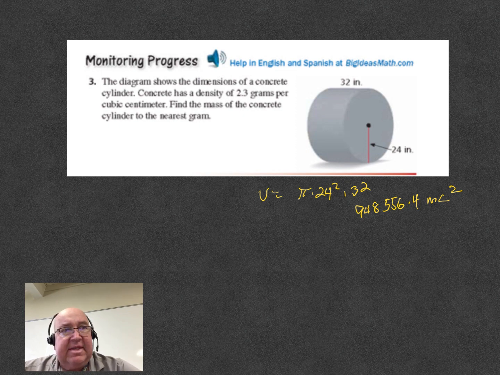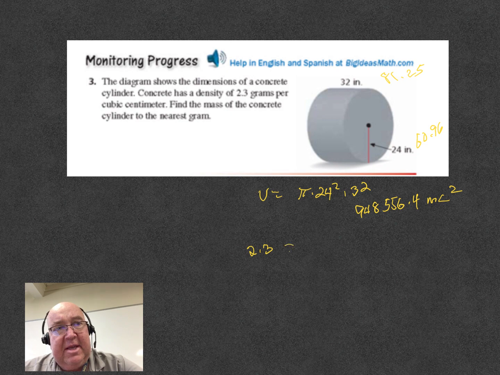By the way, I did switch those to centimeters. So it was 60.96 centimeters for here and 81.25 centimeters for this one. And that's what I actually used to make that calculation. So here we have our density is 2.3.